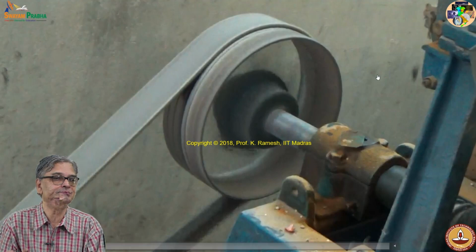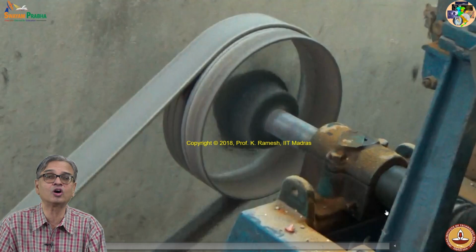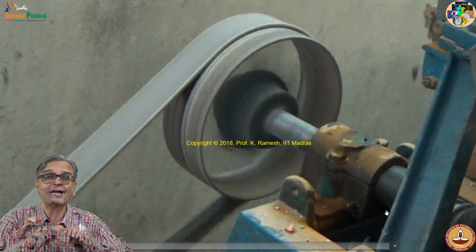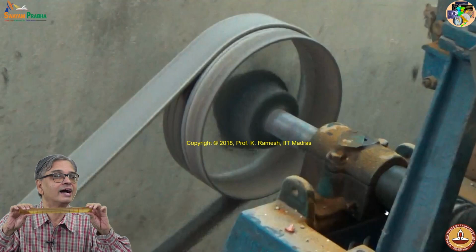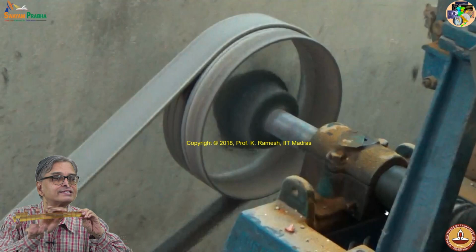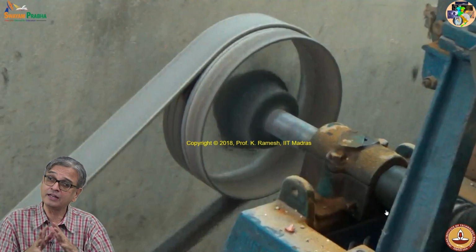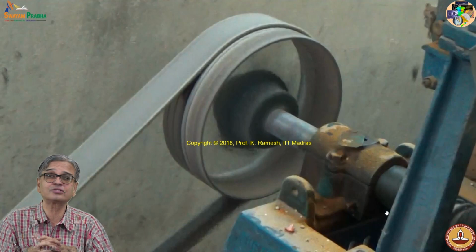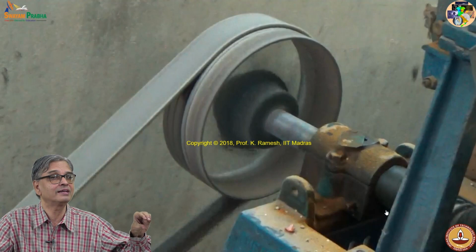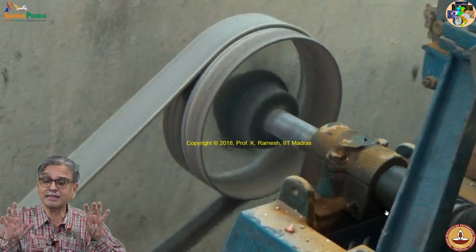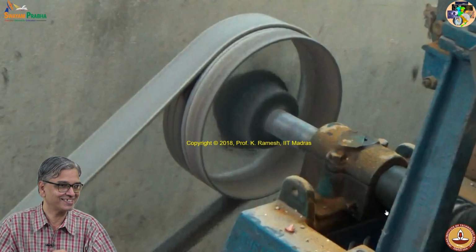If you look at this, when I have to mount a pulley in a bearing and so on, uniform member, even when you consider deformation. Fine.